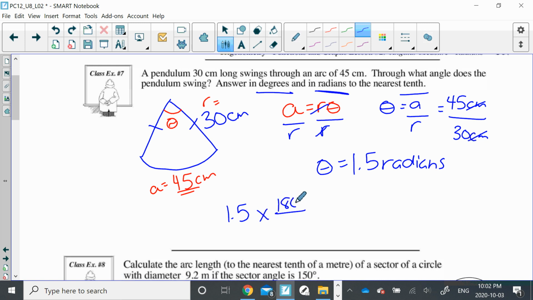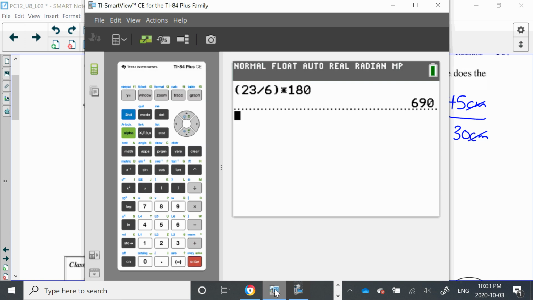If I want degrees, degrees goes on top and pi goes on the bottom. So if you multiply on your calculator 1.5 times 180 divided by pi, we would get an answer of 85.9 degrees.